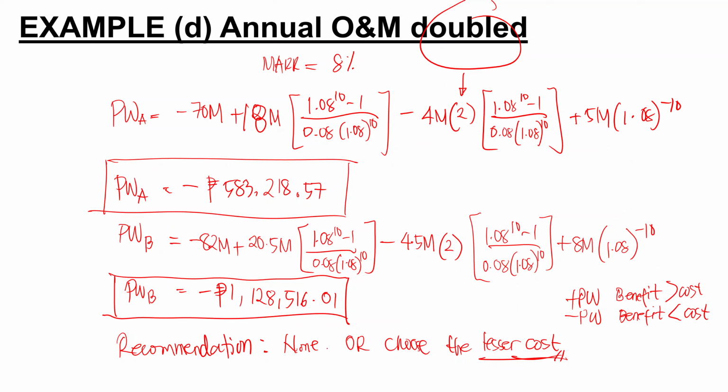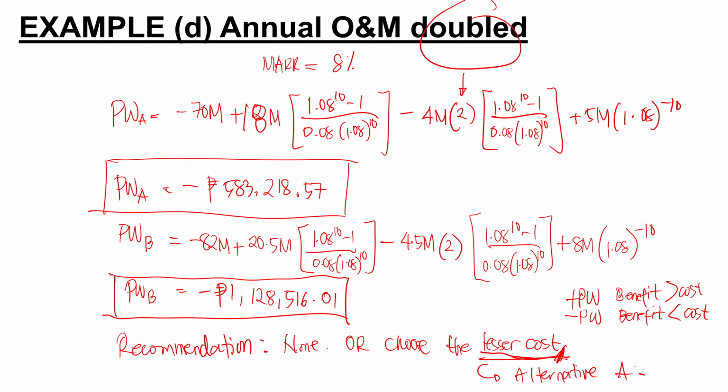It means that the project costs more than the benefit. And if there is a scenario where we need to continue and choose between two alternatives that have a negative present worth, choose the one that has a lesser cost. And the one with lesser cost is alternative A.